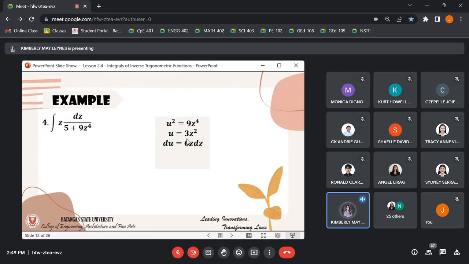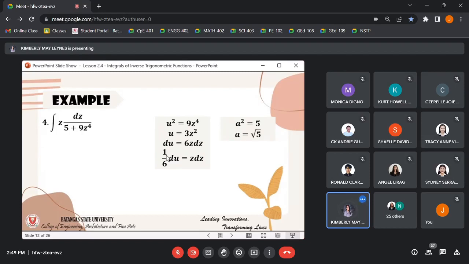So, kailangan lang ma-eliminate yung 6 dito by dividing both sides by 6. We have 1/6 du is equal to z dz. Kunin natin ang value ng a squared is equal to 5 at dahil hindi perfect square, si a, magiging lang siyang square root of 5 pag kinuha yung square root ng both sides.